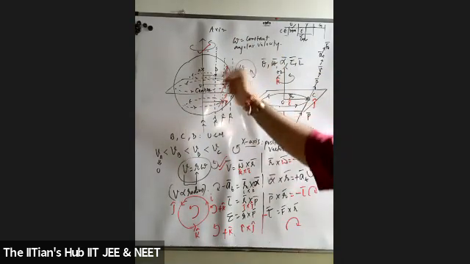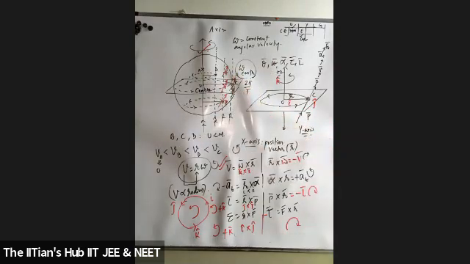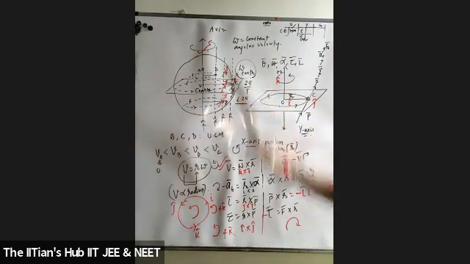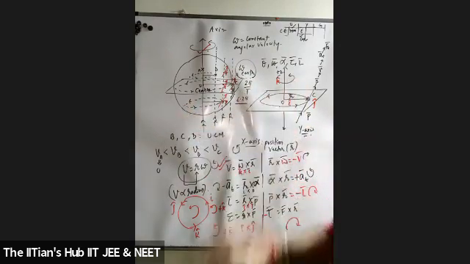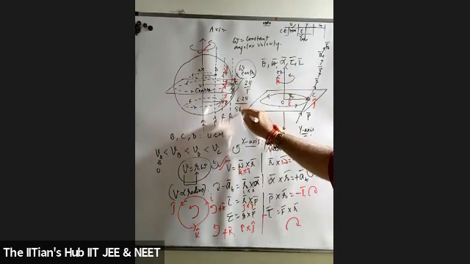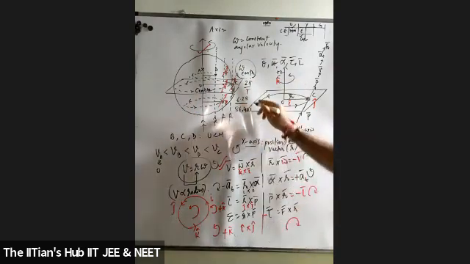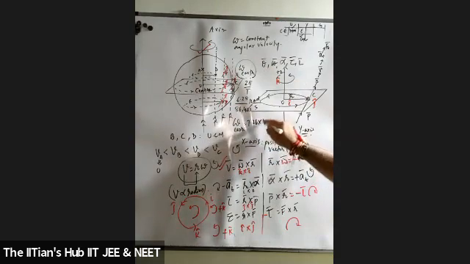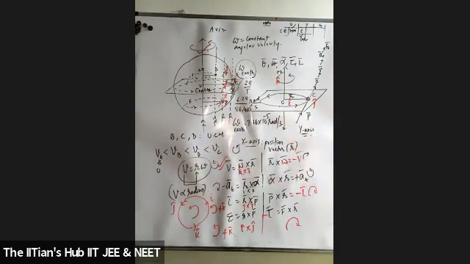If the whole Earth rotates, then 360 degrees, that is 2 pi or 6.28 radians, upon the time taken for one rotation. Earth's one rotation is 24 hours. 24 hours is how much? 86,400 seconds. The numerator is radian, the denominator is second. Can you tell me what is the angular velocity of Earth? 7.26 into 10 raised to minus 5 radian per second. And students, this is a constant value.